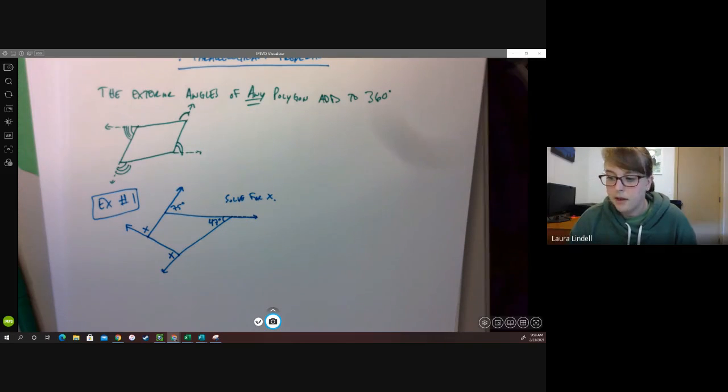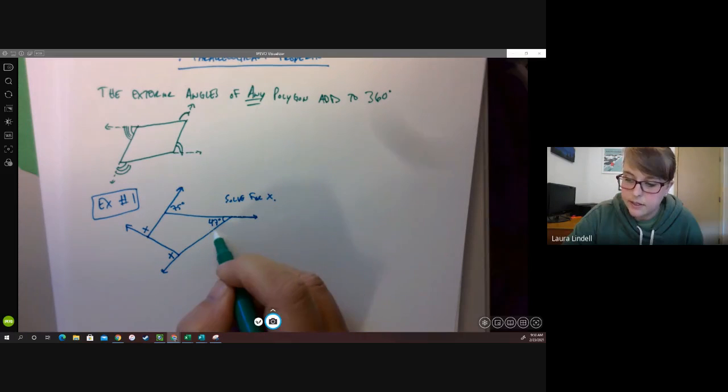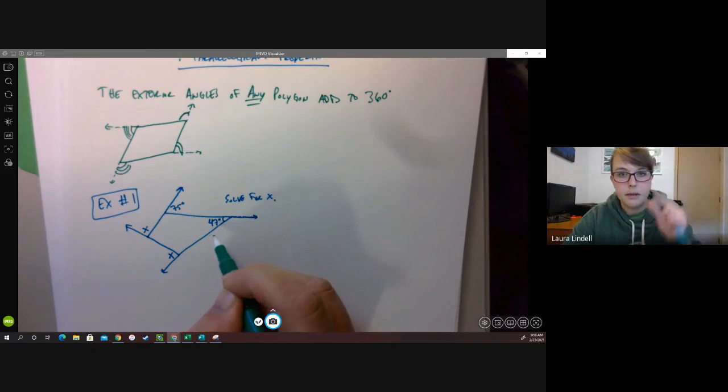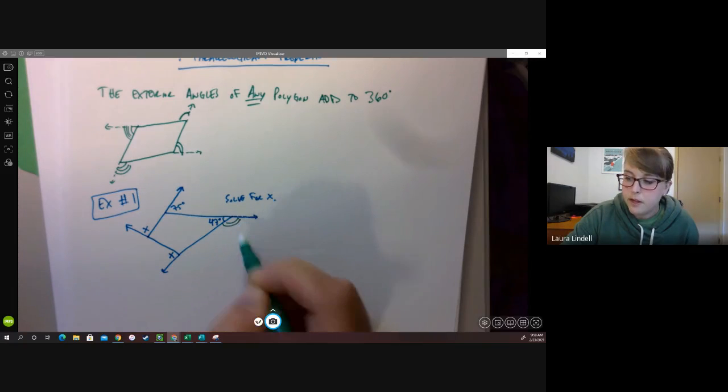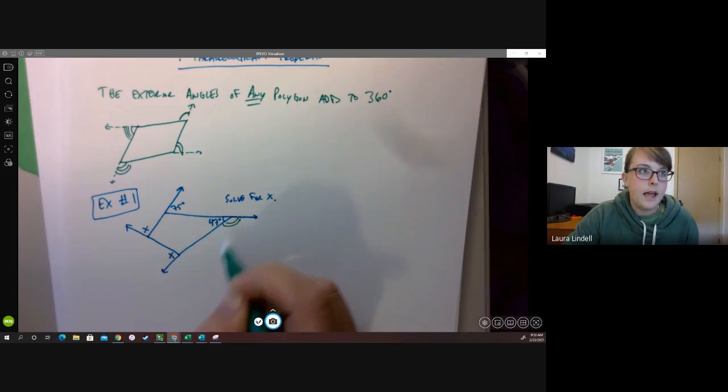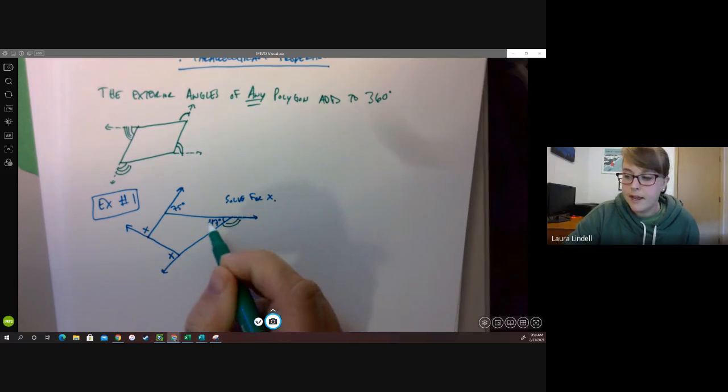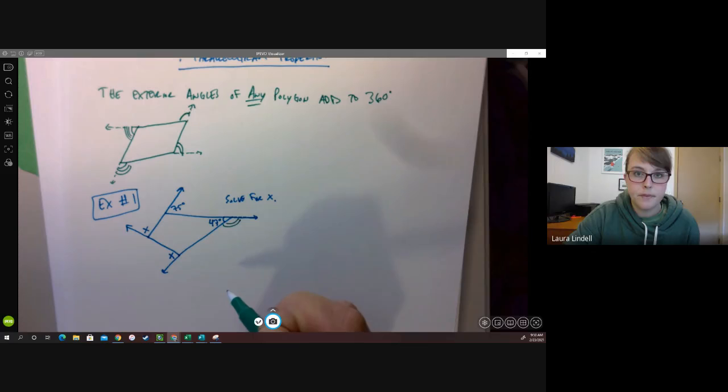The first thing I want to do real quick is notice that since this one is an interior angle, we have to do a little step first to get this exterior angle right here before we can add to 360, because I can't add this one with them to 360 since this one's an interior angle.